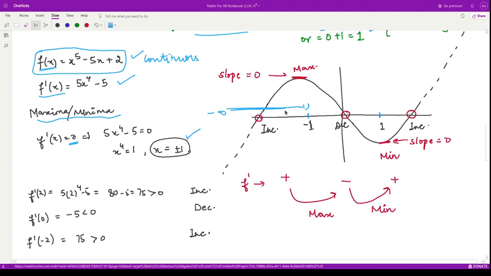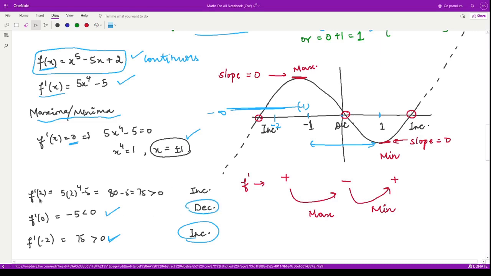We'll check it at some random point, say minus 2, in this domain. At minus 2 the derivative's value is positive, therefore our function is increasing there. In the interval minus 1 to 1, we'll check it at 0. At 0 it comes out to be minus 5, negative, so our function is decreasing.